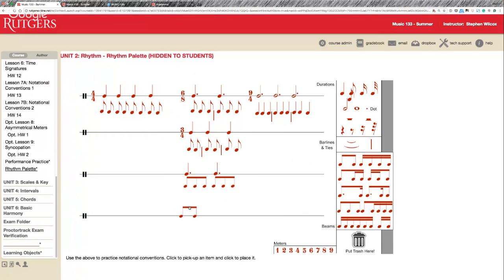Similarly, when we're looking at 3/4, we have 3 beats. So we want the beams to show us these 3 beats very carefully. So here's where people get in trouble with meters and beats. 3/4 says I have 3 beats.